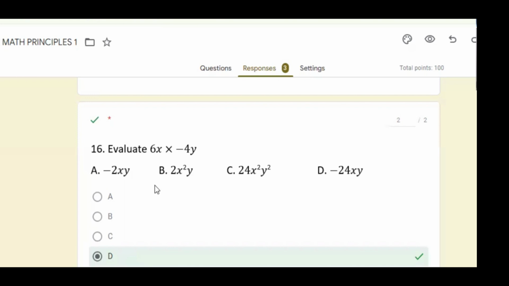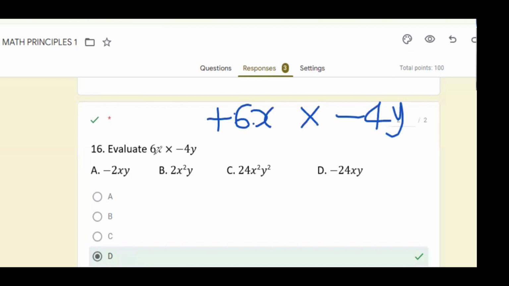But since they still have alphabets, the x and y, and since it's multiplication, let me assist a bit. This one is positive 6x, and it's multiplying negative 4y.